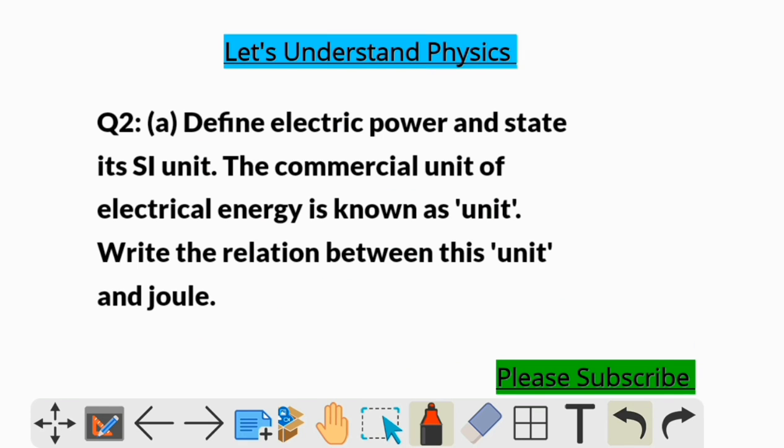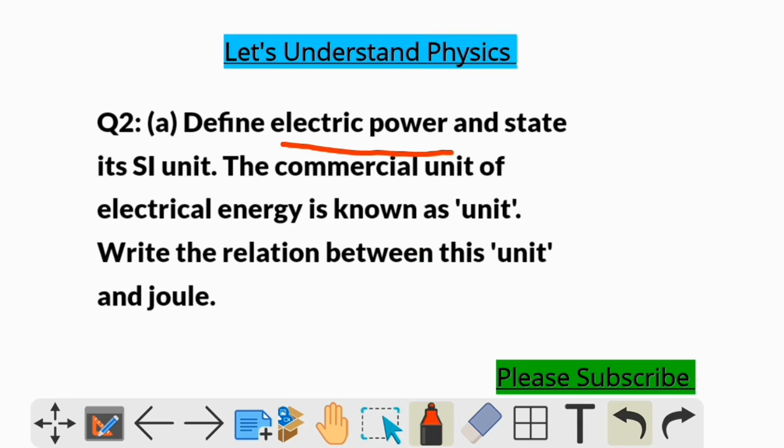Second question A. Define electric power and state its SI unit. The commercial unit of electrical energy is known as unit. Write the relation between the unit and joule. Now see, define electric power. So what is the definition of electric power?